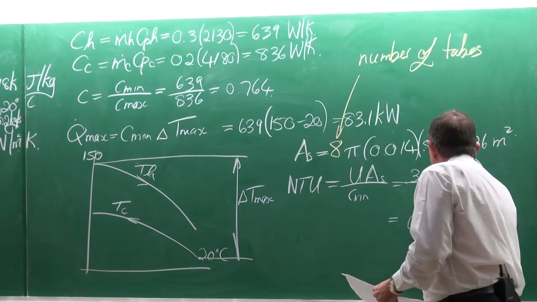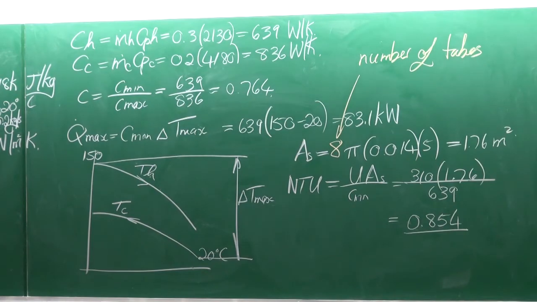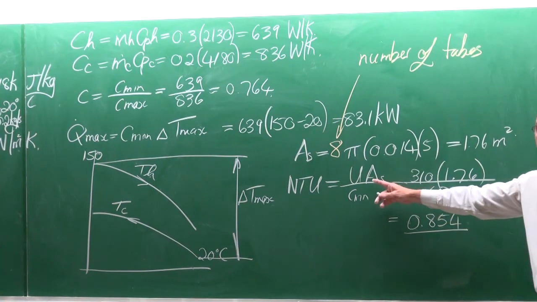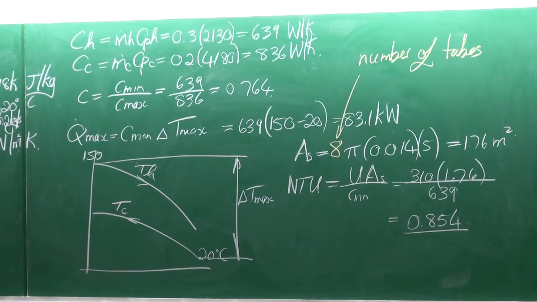And that is an NTU value of 0.854. I hope you remember an NTU value of 0.854 would tell you that this heat exchanger has the potential to really improve its performance significantly by just increasing the surface area. Typically, an order of magnitude of 1.5 to 2, from there on you wouldn't like to do it. But in this case, it should be clear.